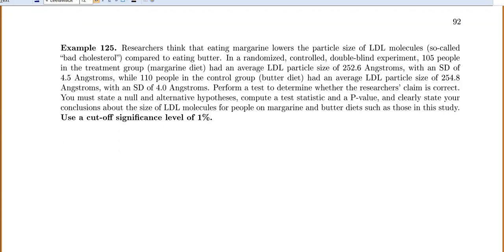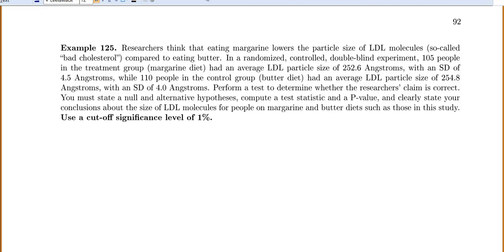So researchers think that eating margarine lowers the particle size of LDL molecules, so-called bad cholesterol, compared to eating butter. In a randomized controlled double-blind experiment, okay, so notice this one even tells you that it is a controlled experiment situation. 105 people in the treatment group, the margarine diet, had an average LDL particle size of 252 with an SD of 4.5.